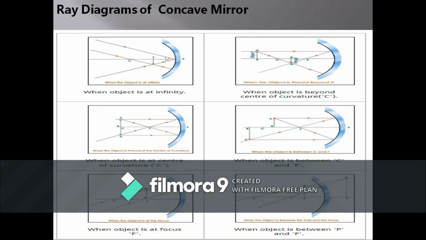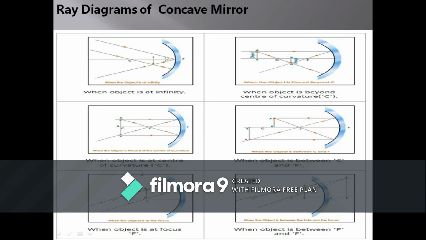The third case is when the object is located at the center of the curvature exactly, and the image itself will also be located at the center of curvature, but it will be inverted. The next case is when the object is located between center of curvature and the focal point. The image will be formed beyond the center of curvature, and it will be inverted again.